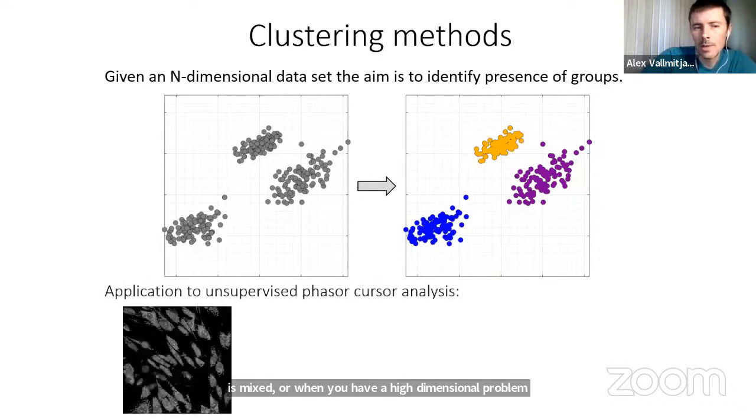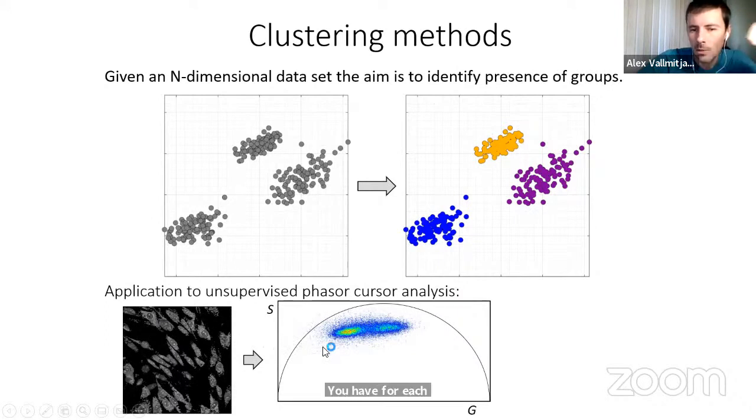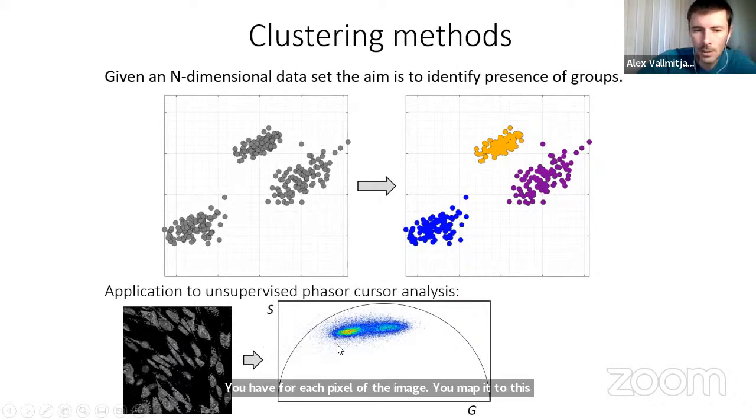So we have a direct application to unsupervised phasor cluster analysis. You've seen that you have a representation of your image. For each pixel of the image, you map it to this two-dimensional space, the phasor plot. And you have some distribution of points here that you may want to cluster and see how it goes back to the original image.